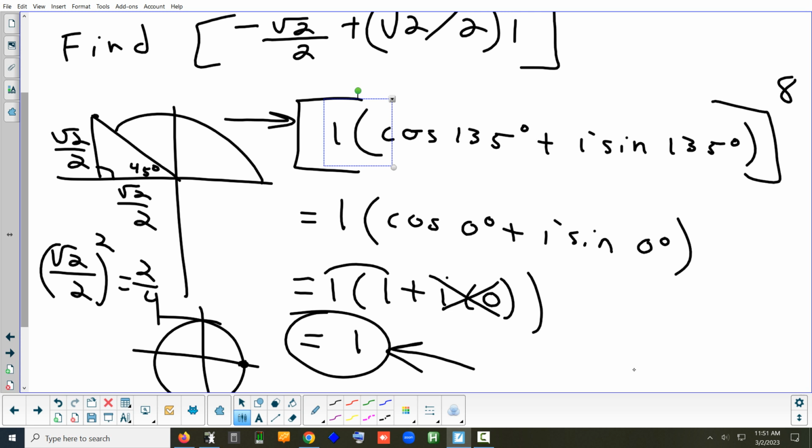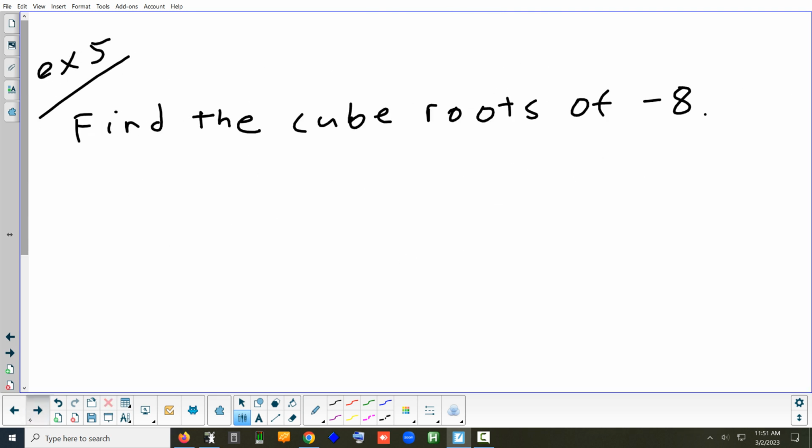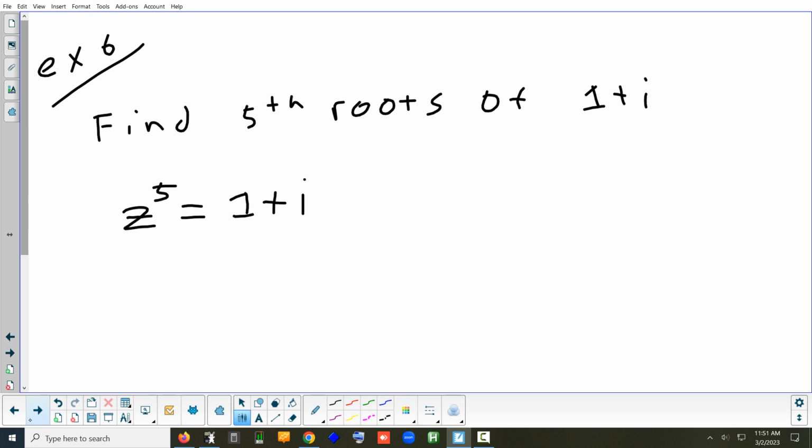If you're looking for an 8th root, you have 8. Usually I don't go above 3 or 4 when I'm teaching, because if you can do 3 or 4, you can do 40 or 50. It just gets very repetitive once you know how to do it. So like this problem, if you were going to find the 5th roots of this complex number, there'd be 5 answers.